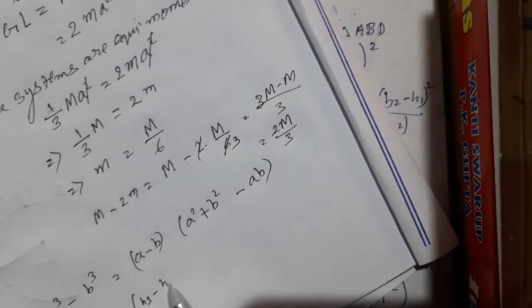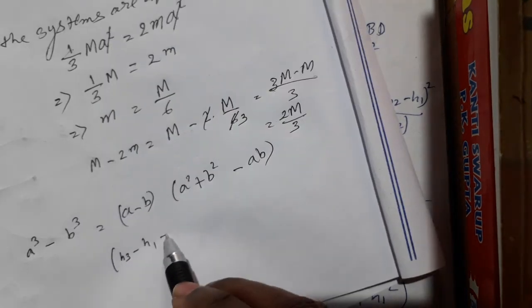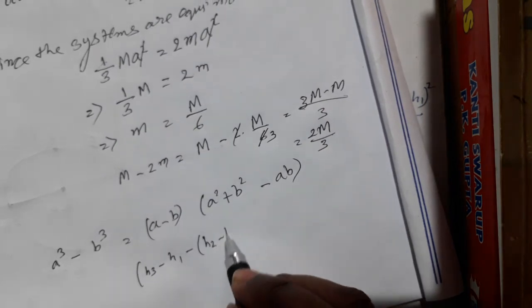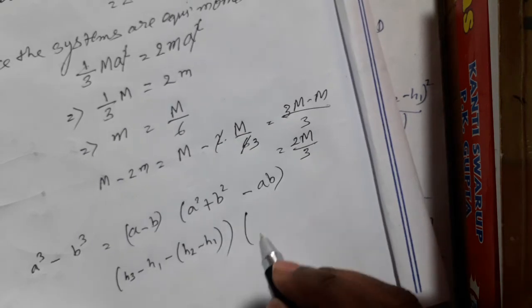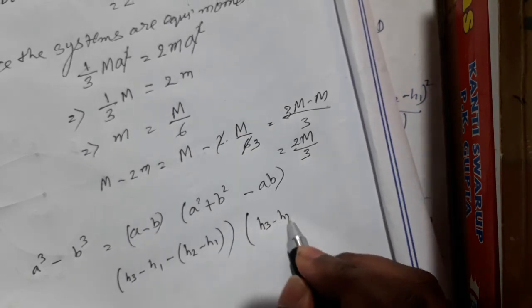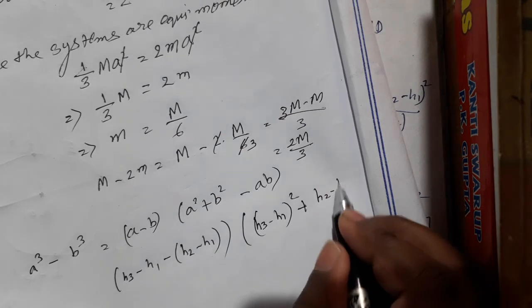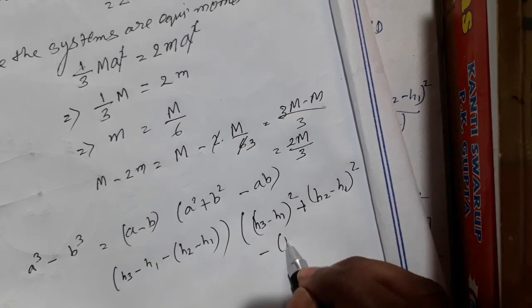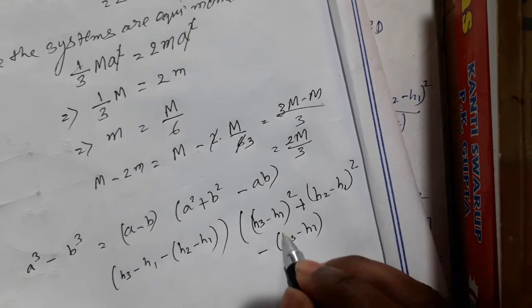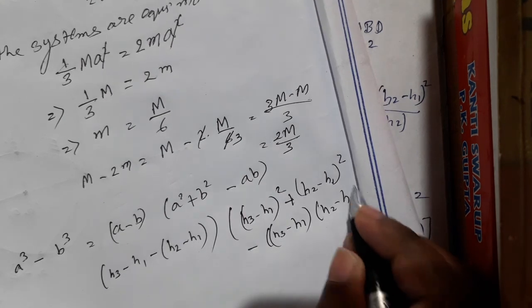(h3 minus h1) minus (h2 minus h1) is a minus b. Then a squared means (h3 minus h1) whole square, plus (h2 minus h1) whole square, plus (h3 minus h1) and (h2 minus h1).